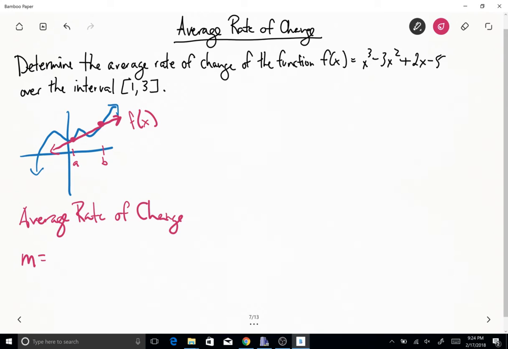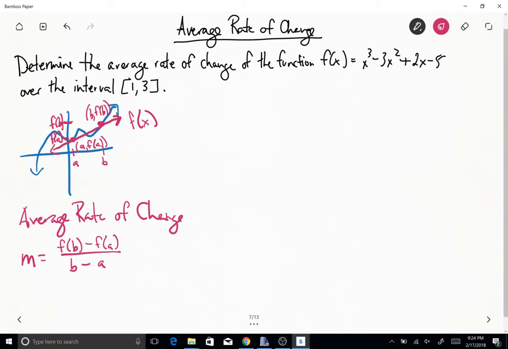Okay, so that means if that's f of x, that means that has to be f of a, and that means that has to be f of b. So this is b, f of b, and this point is a, f of a. Okay, so our formula goes f of b minus f of a all over b minus a.